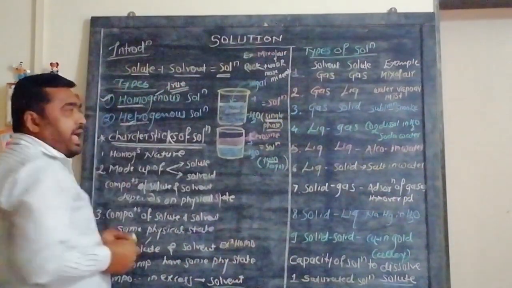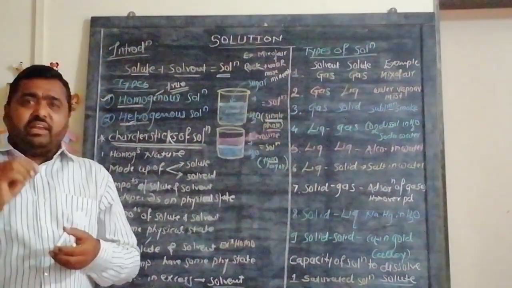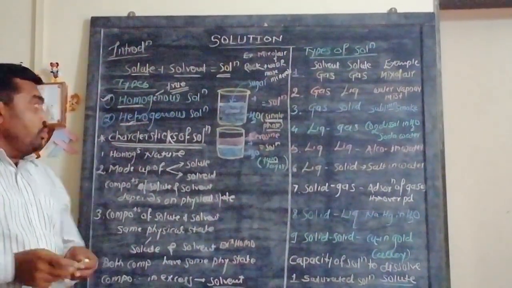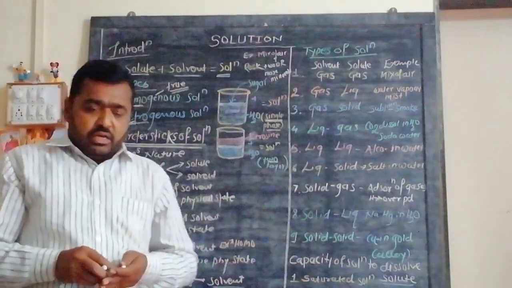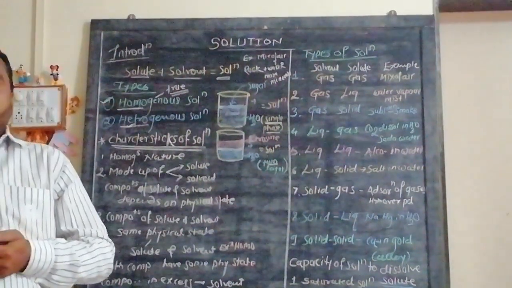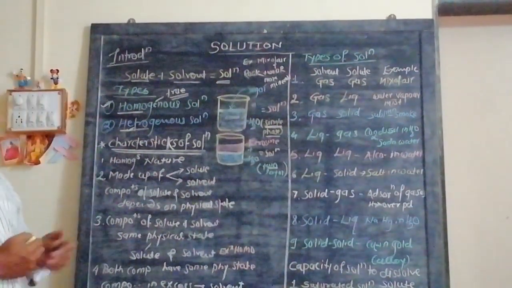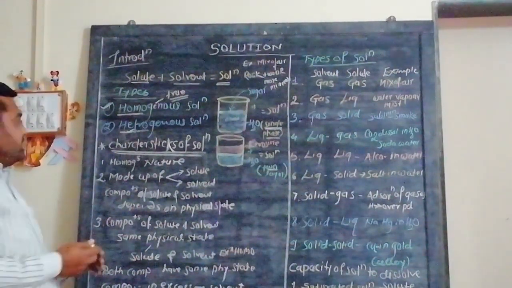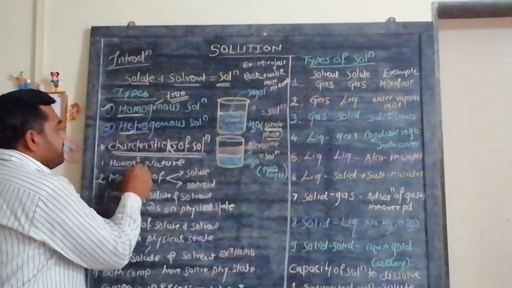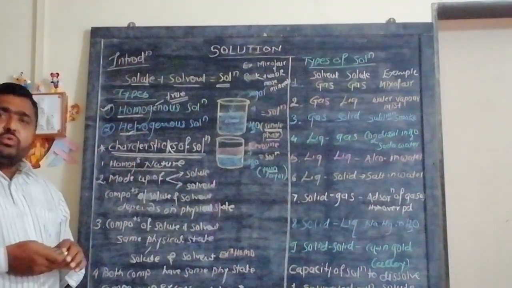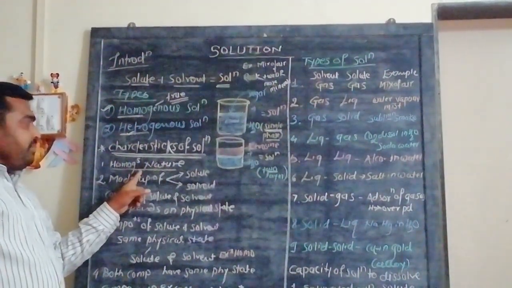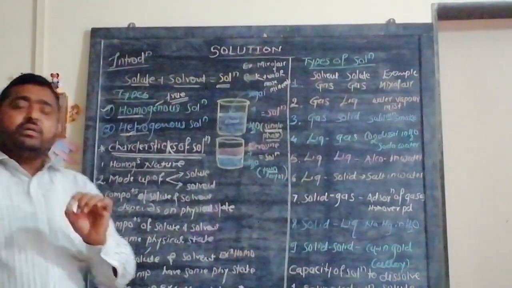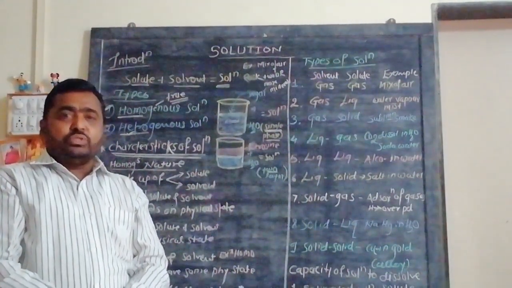A homogeneous mixture is a true solution, and this true solution has some characteristic properties. The first one is that it is homogeneous in nature. All true solutions are homogeneous in nature, containing solute and solvent. This is the first property of a homogeneous or true solution.